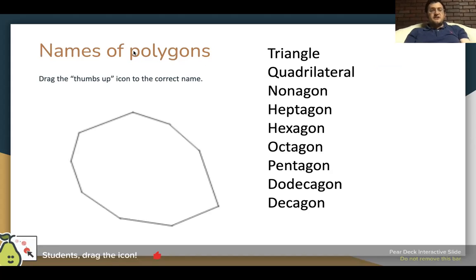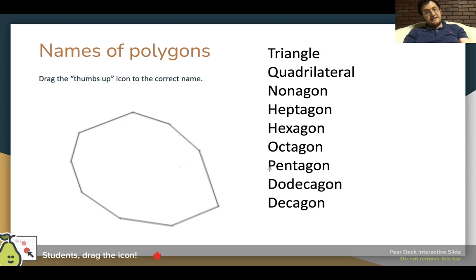All right, so let's drag over here the name for this polygon. So I got 1, 2, 3, 4, 5, 6, 7, 8, 9. Let me just count again. 1, 2, 3, 4, 5, 6, 7, 8, 9.